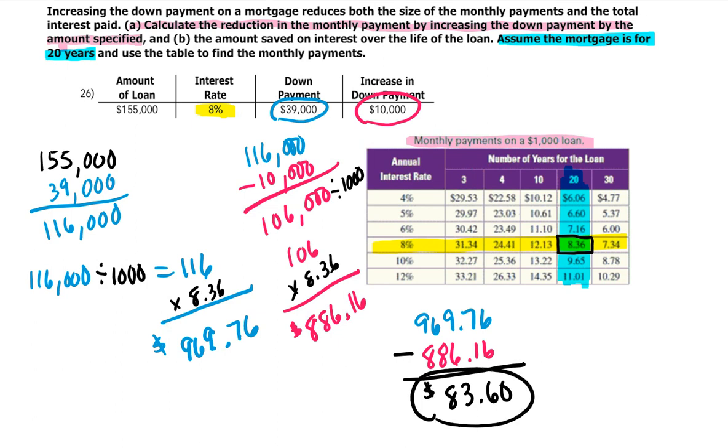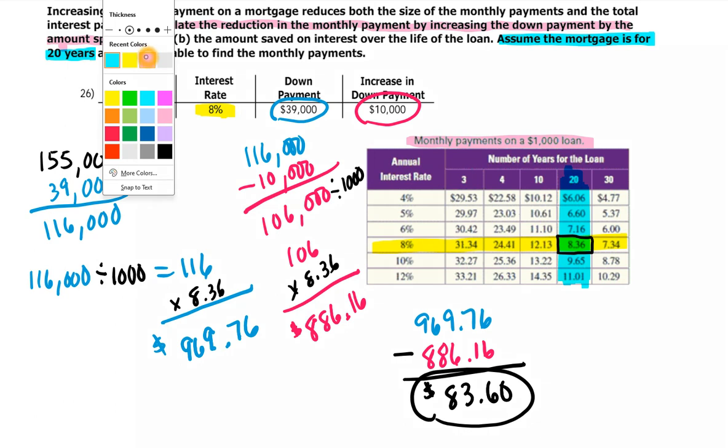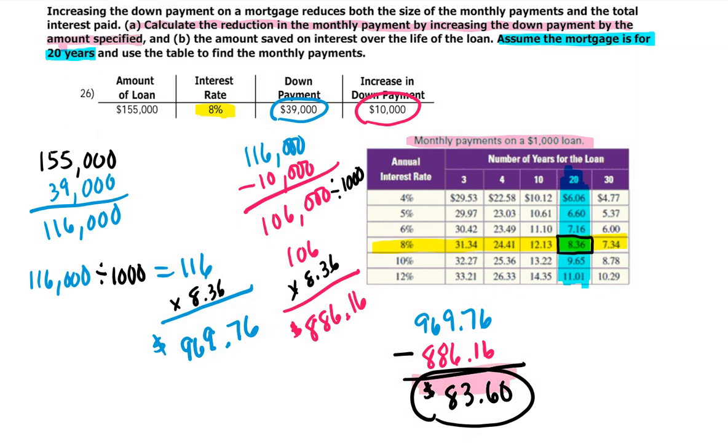That is the answer to part A. Calculate the reduction in the monthly payment. So, my monthly payment, if I could scrounge together an extra 10 grand, my monthly payment for the next 20 years will be reduced by $83.60. Okay, now that's question A.